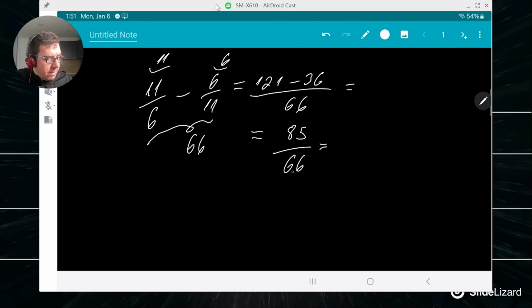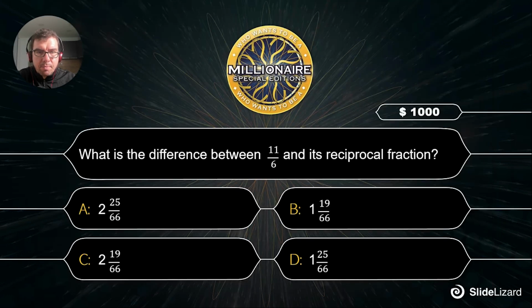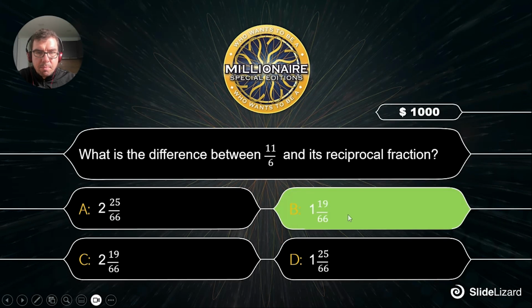So 85, in order to transform it into a mixed number, I divide 85 by 66, which is 1. The remainder is 19 over 66. So it should be 1 and 19/66 parts. Let's see if we have an answer like that. Yeah, we got B. Right, B is correct.